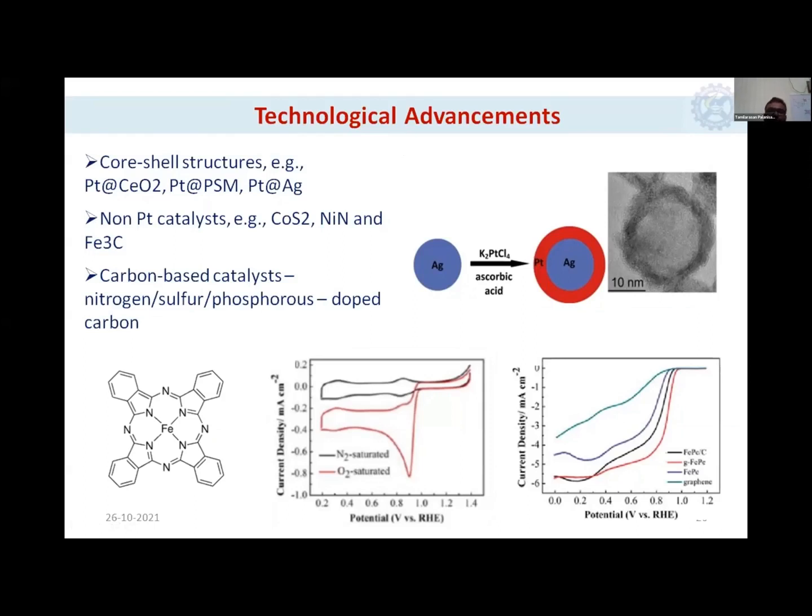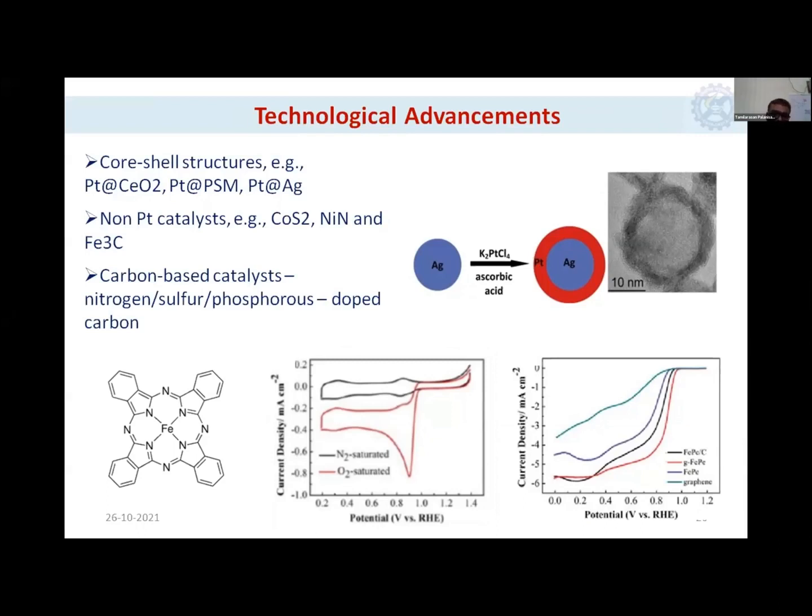Only your shell will be your platinum surface. If you see this TEM image, the particle size is almost 20 nanometers, but your shell thickness is almost 3 to 4 nanometers. If you back calculate, almost 70% of the volume is occupied by your metallic core. Only 30% is occupied by your platinum atoms.